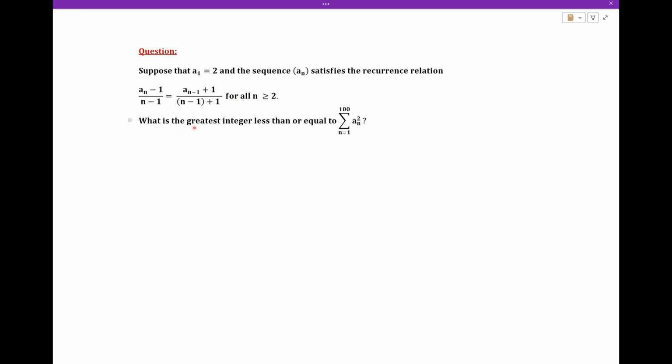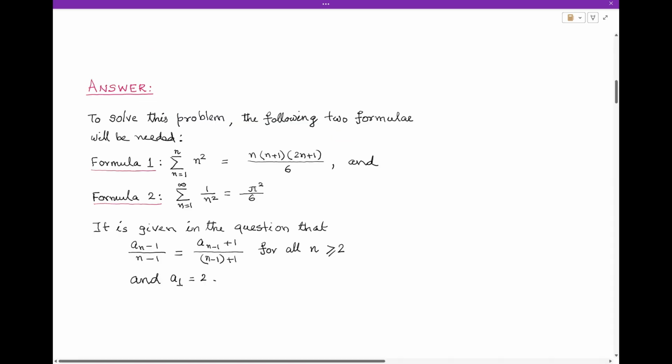Then what is the greatest integer less than or equal to the summation of a subscript n squared, where the summation is from n is equal to 1 to 100.